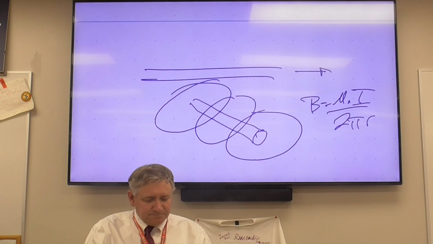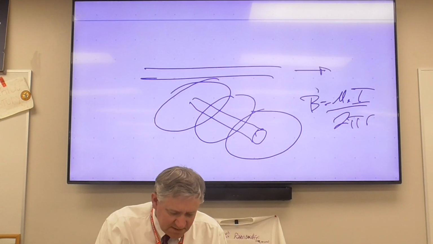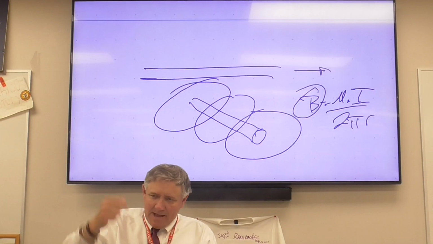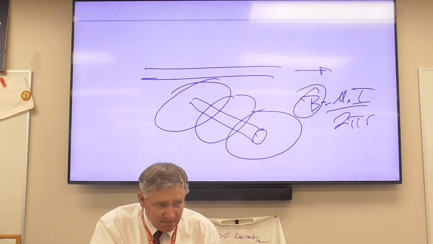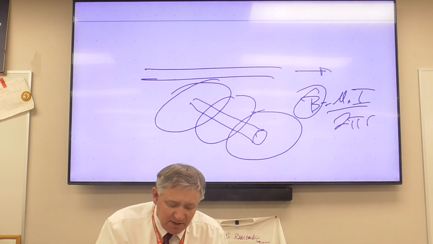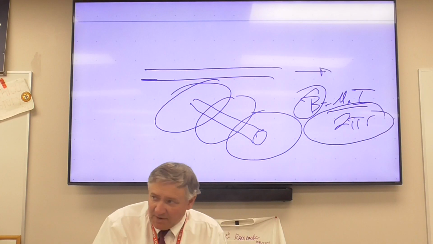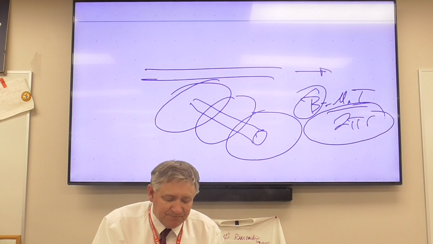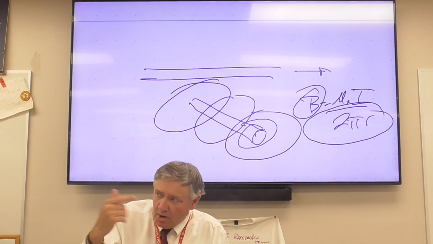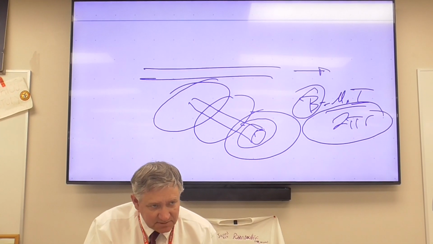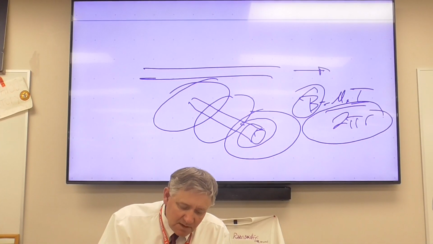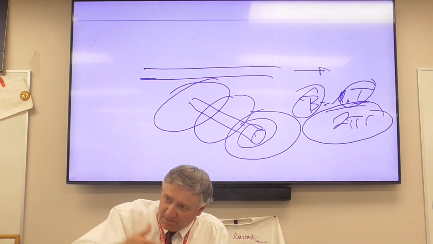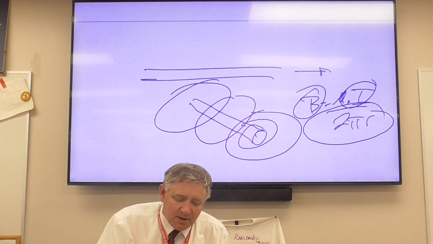All this tells you is the magnitude of the magnetic field. Because you're dividing by radius, and it isn't radius squared, the closer you are, the stronger the magnetic field is going to be. The stronger the current is, the stronger the magnetic field is going to be.